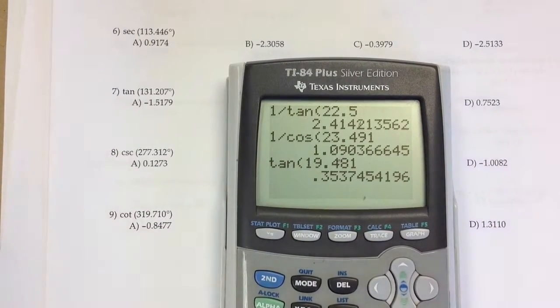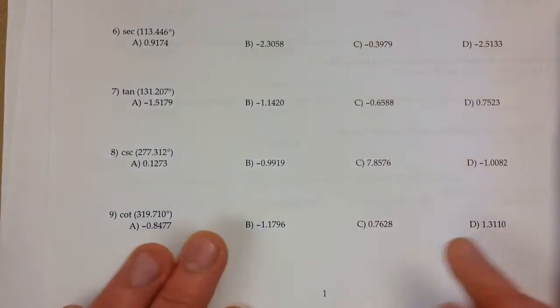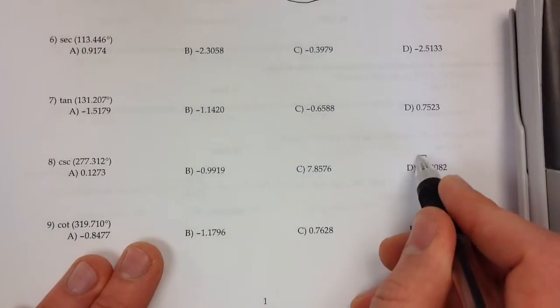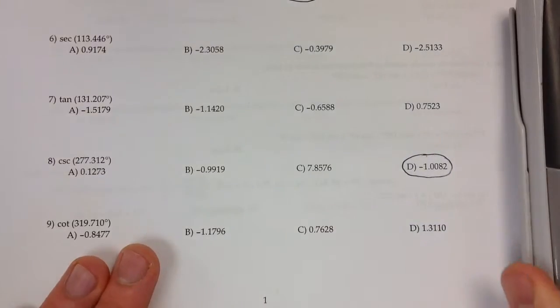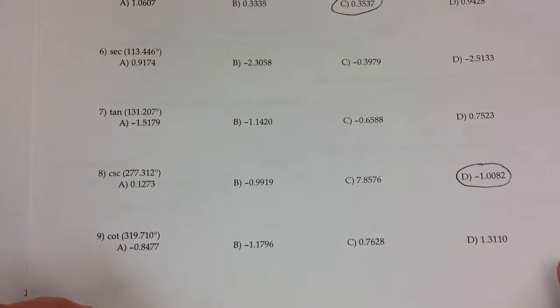Number 8, what should I type? 1 over sine, very good. Okay, so the cosecant of 277.312 degrees is negative 1.008. Okay, any questions on page 1?